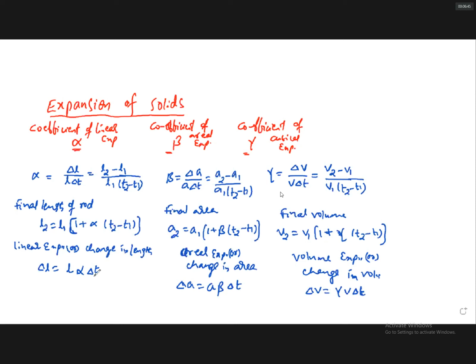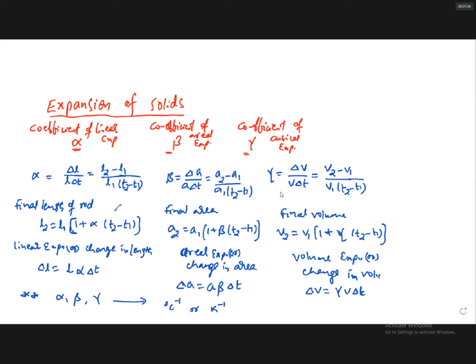Here alpha, beta, gamma are all measured in per degree Celsius, or per Kelvin. Per degree Celsius means degree Celsius inverse, or Kelvin inverse.